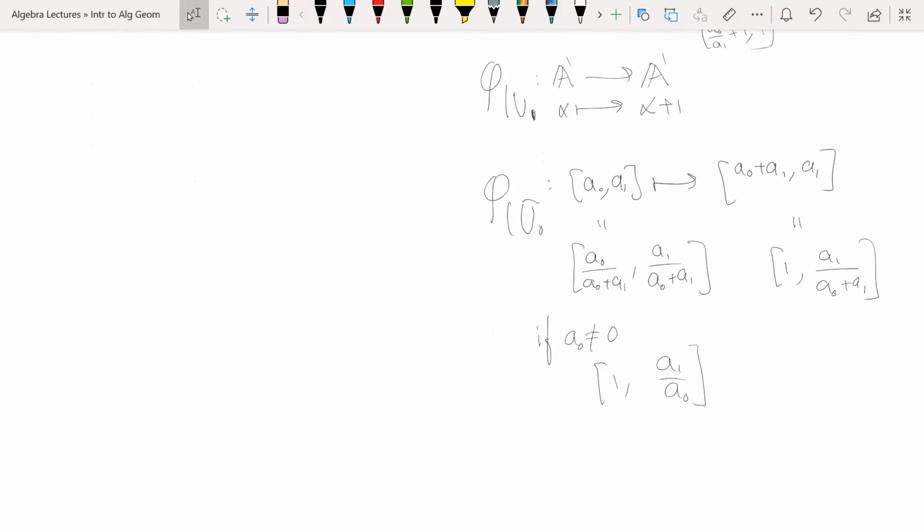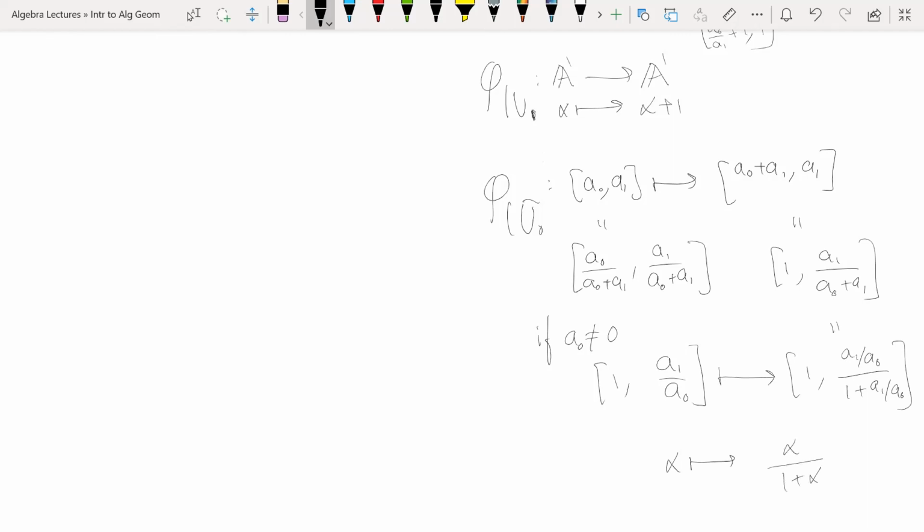And so if A0 is not equal to 0, then the right hand point is the same as (1, A1 over A0) over (1 plus A1 over A0). So if A0 is not equal to 0, this point goes to this point, which is alpha goes to alpha over 1 plus alpha.